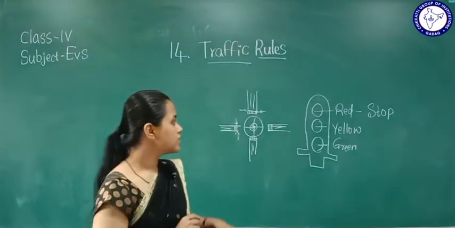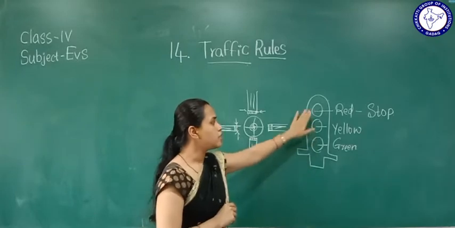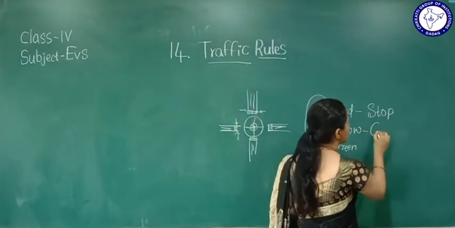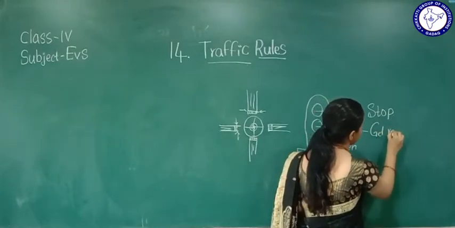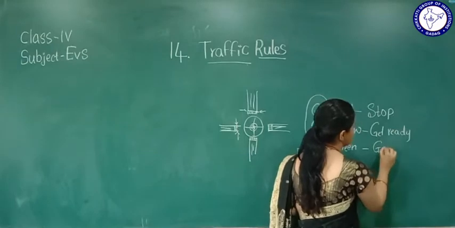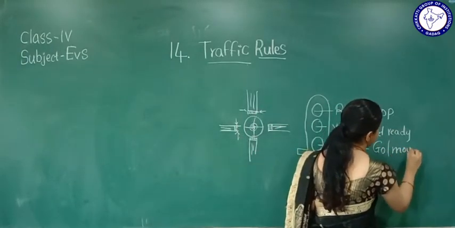So how many colors are there in a signal light? Red, yellow, green. What does red say? To stop. Yellow says get ready. What does green say? Green says to go or move.